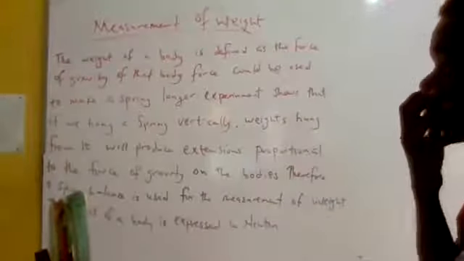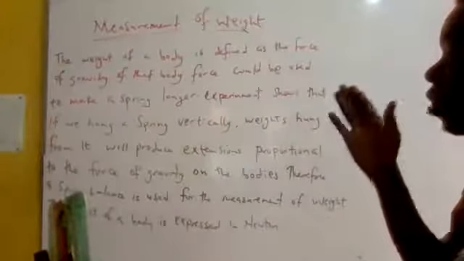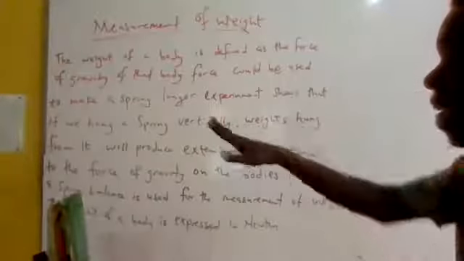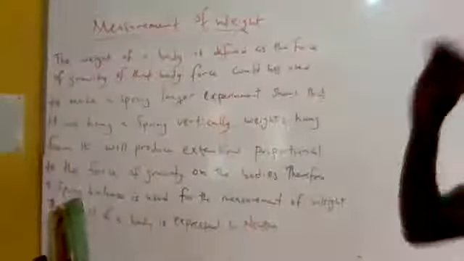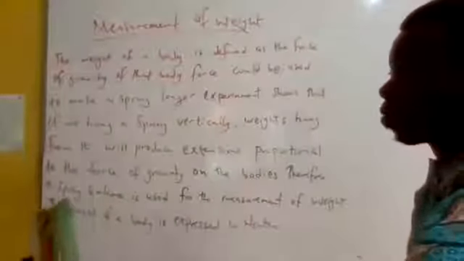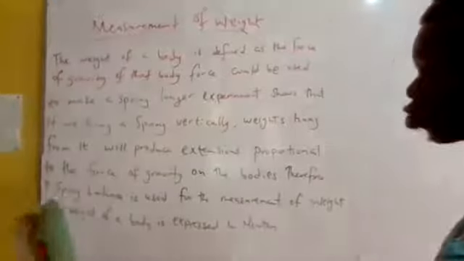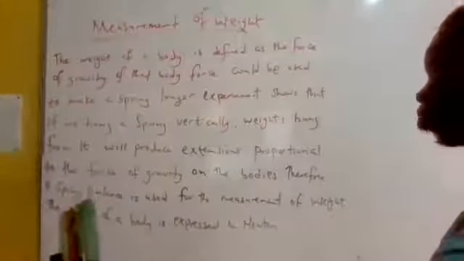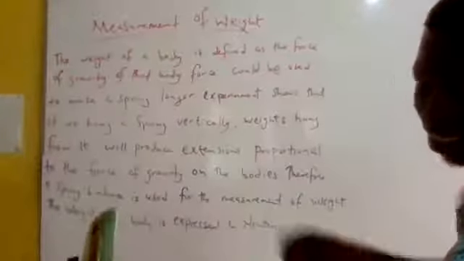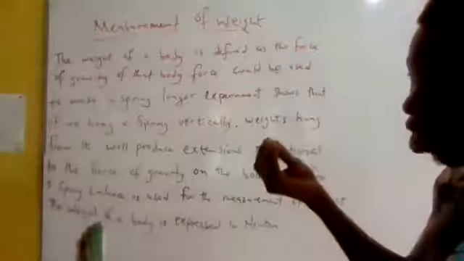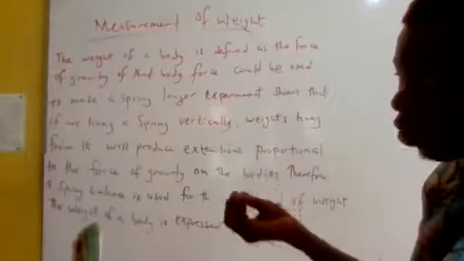Do you understand? Now they said force could be used to make a spring longer. Experiment shows that force can be used to make a spring longer. So if we hang a spring vertically, and a weight is hung from it.